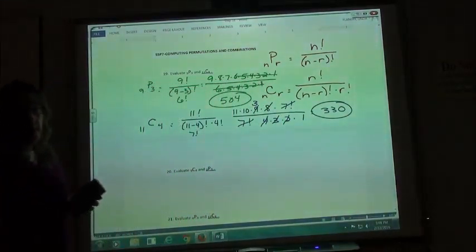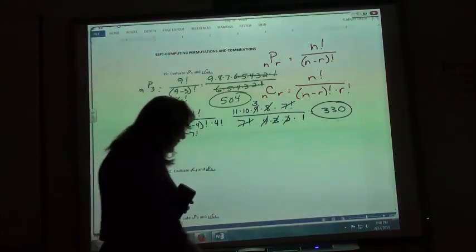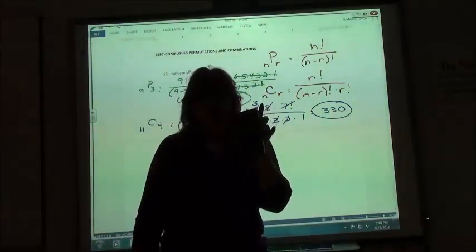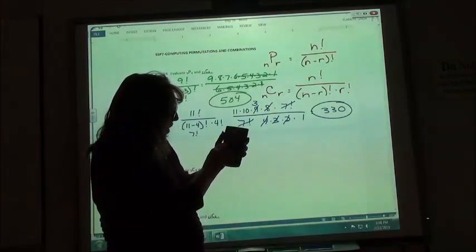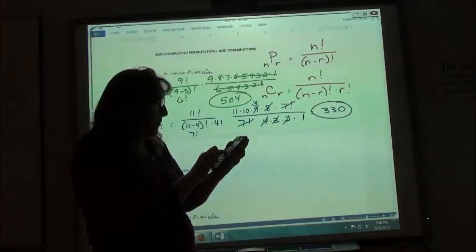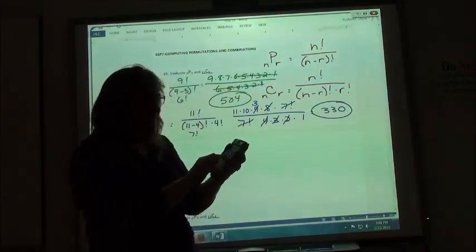Now, just for purposes of checking, not that I think that you should use your calculator to figure these out, you do have a permutation and a combination button on your calculator. It happens to be right next to the x to the negative 1 underneath your alpha key. You see in yellow is nPr, the key says nCr.